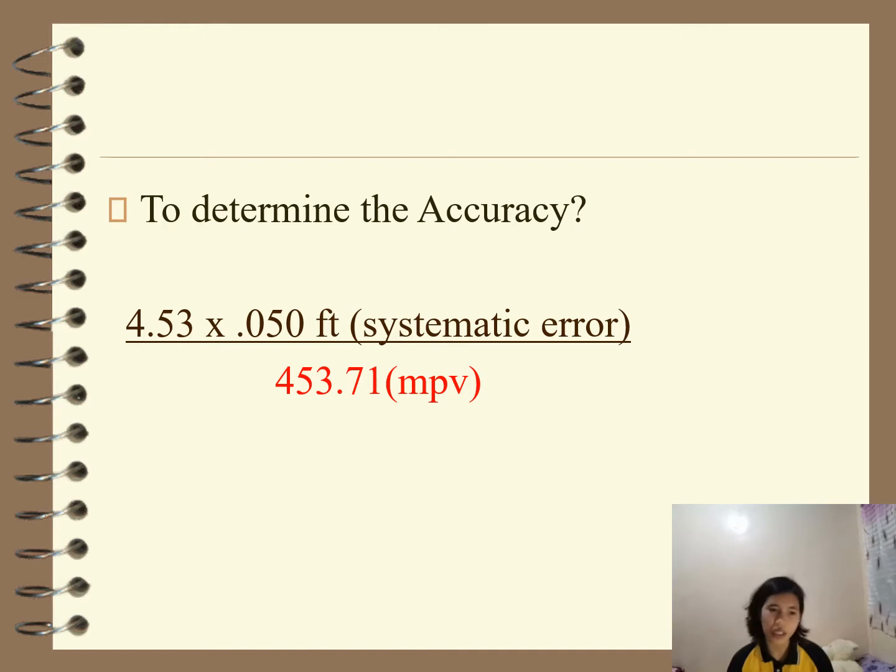If we take the ratio, numerator 1 divided by 453.71, this will become 1 is to 2,000. So, compare sa precision with 200,000, hindi siya gaano ka-accurate yung ating value.